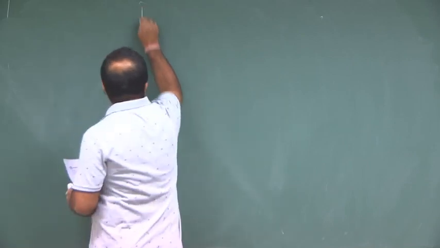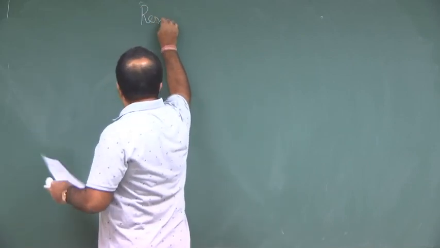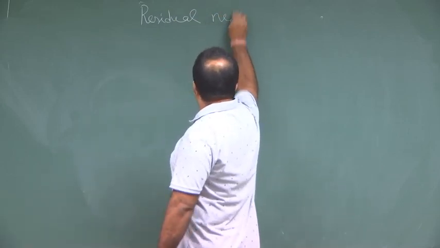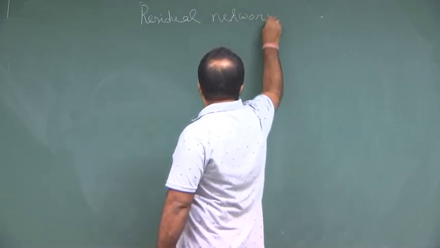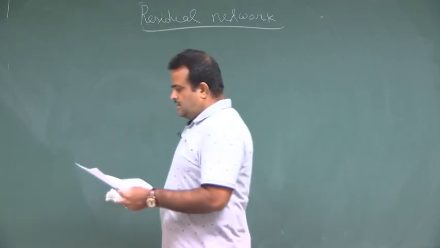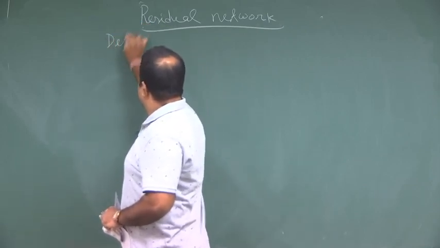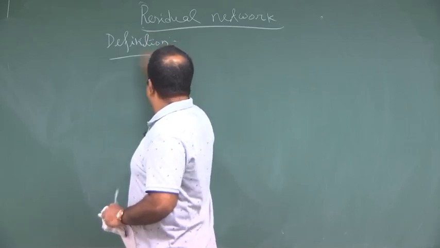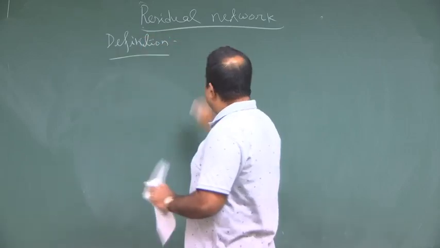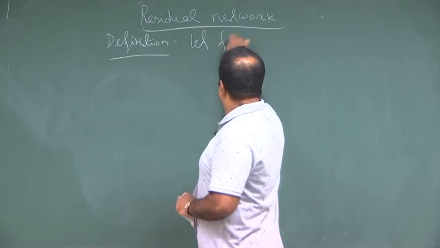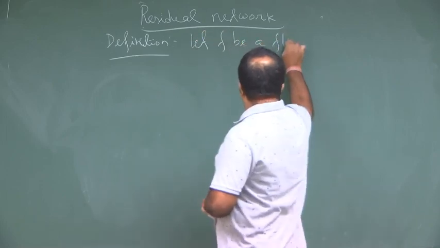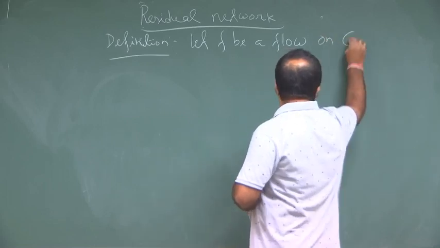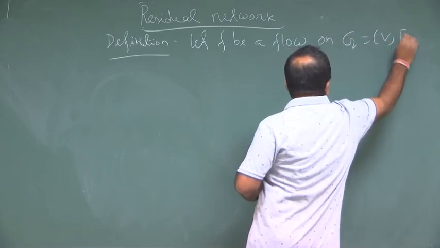So, this is the definition of residual network. Suppose we are given a flow, let f be a net flow on a flow network G, which is V comma E.